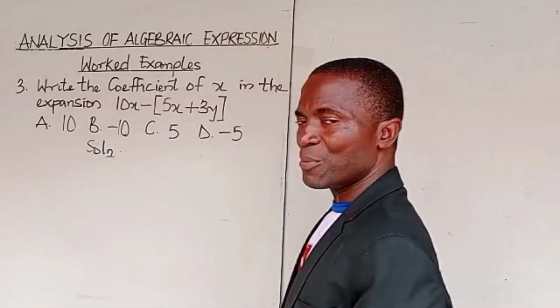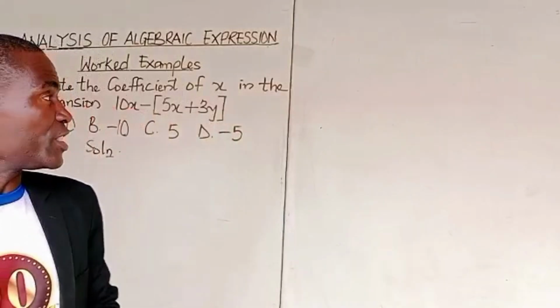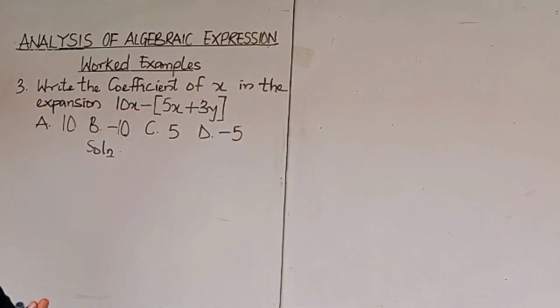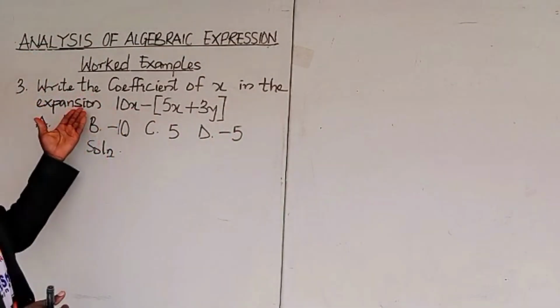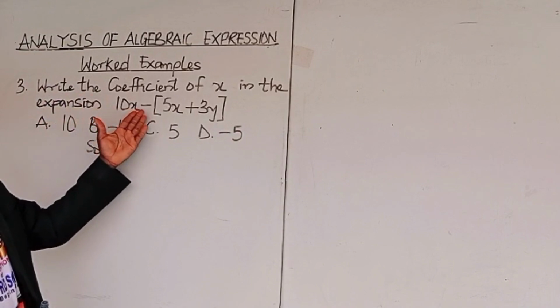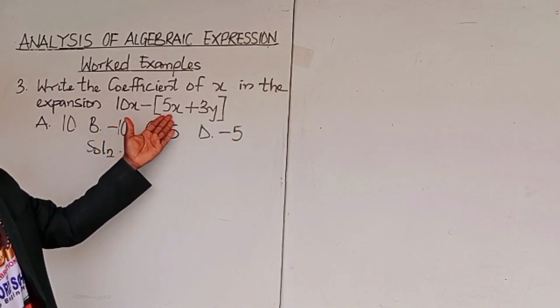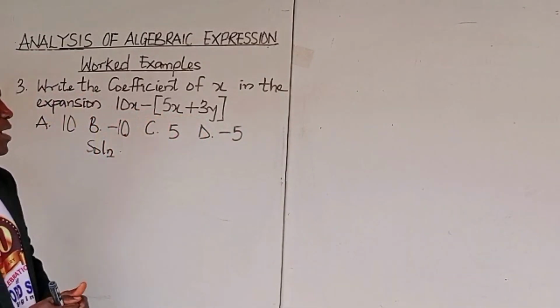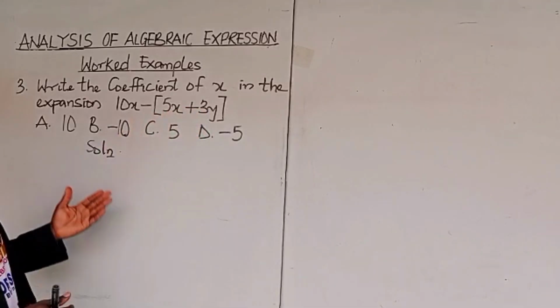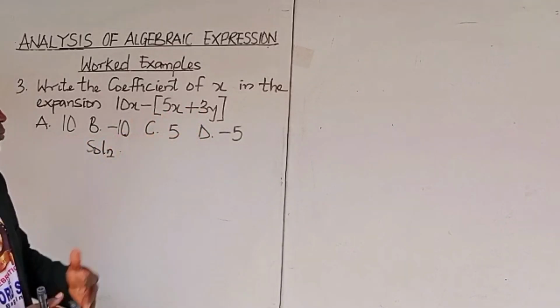Number 3 example. The question says, write the coefficient of x in the expansion 10x minus bracket open 5x plus 3y bracket close. And here are the options.